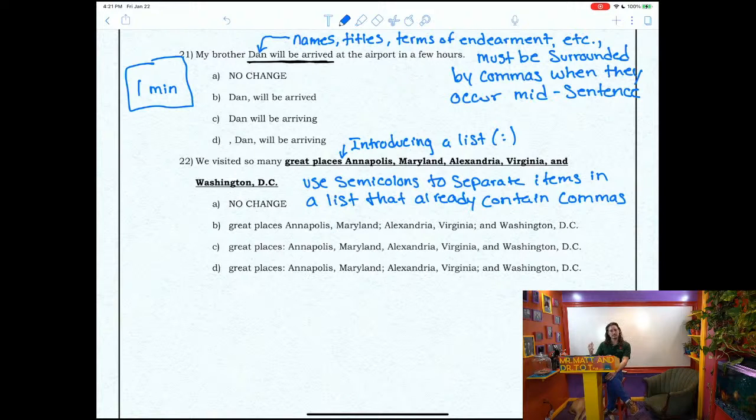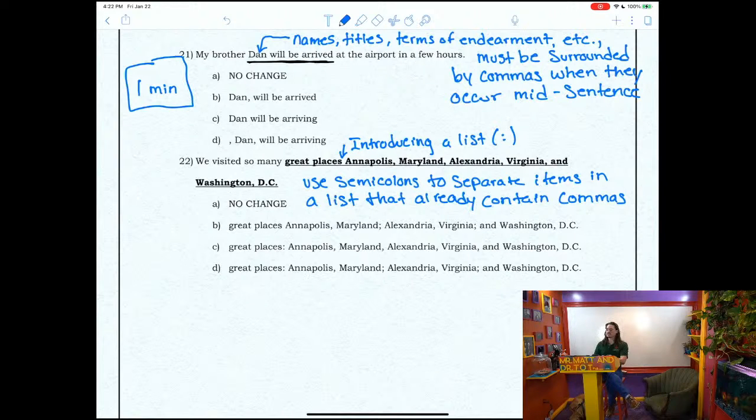We're naming the brother, giving a name to my brother. So it needs to be surrounded by commas. Also, the phrase "will be arrived" is incorrect. We need to have the -ing ending to put it in the future tense. So: Dan, surrounded by commas, will be arriving at the airport in a few hours. So the answer to 21 is D.